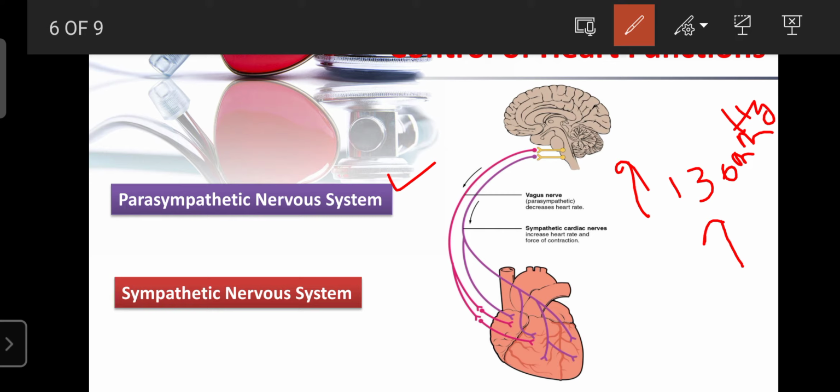The cerebral cortex integrates the message, whether pressure is increased or decreased. Here the pressure is increased, so that message is integrated by the cerebral cortex and then sent to the medulla.